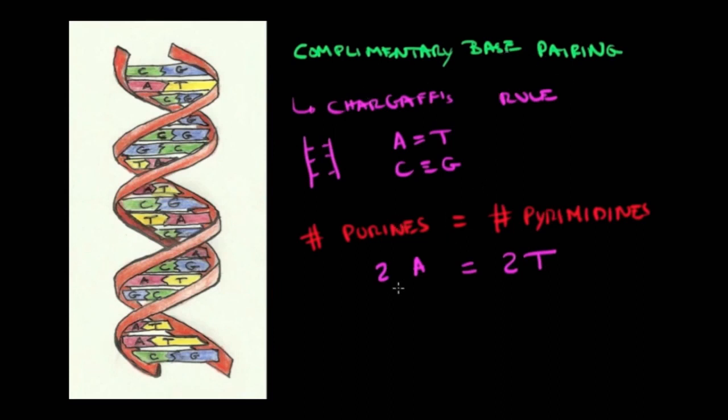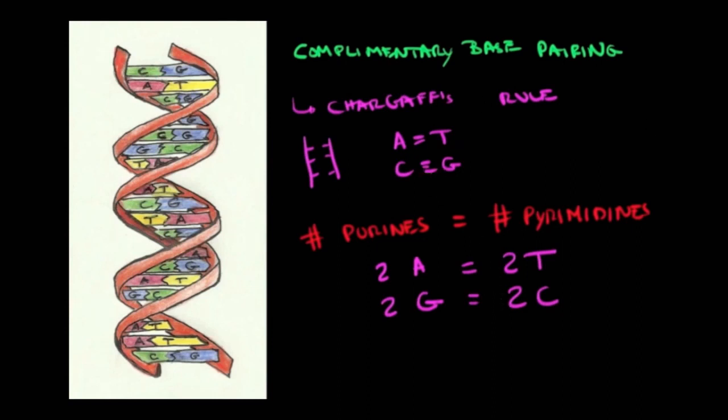And if you found two guanines, you will definitely find 2 cytosines on the DNA molecule. This is what I mean by Chargaff's rule, and it's important to know for molecular cell biology.